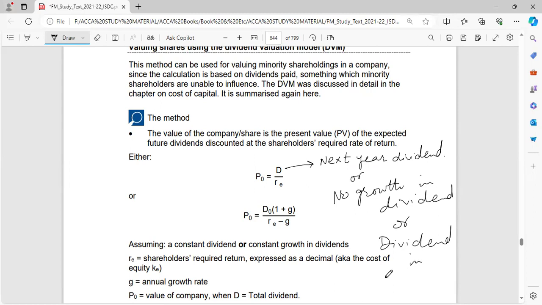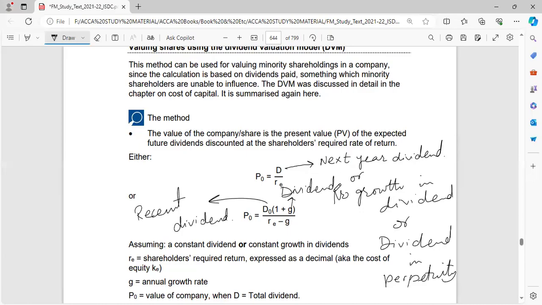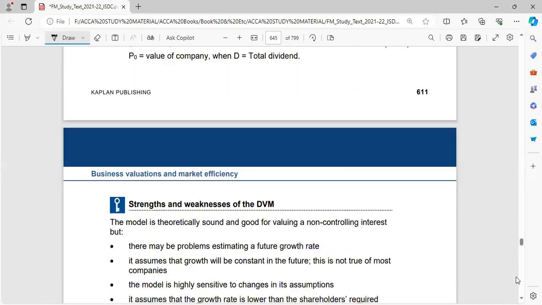Otherwise, D0 means the recent dividend, recently paid, into 1 plus growth rate, the dividend growth rate. Previously, we learned earning growth rate divided by Re, where Re stands for cost of equity, minus growth rate.